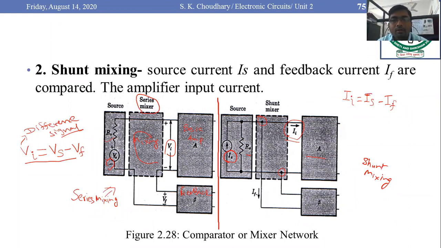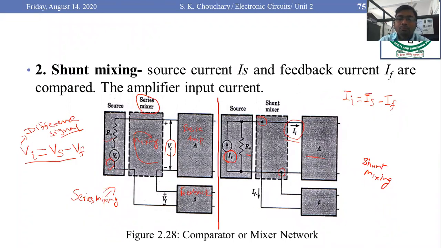This is the way that we have to mix up the feedback signal, either a voltage signal or a current signal, and these are the two ways: series mixer or shunt mixer. You can interchange the parameters also. In the series mixer you can show the current parameter. This is the way we have to write it time to time as per the type of feedback we would be using.